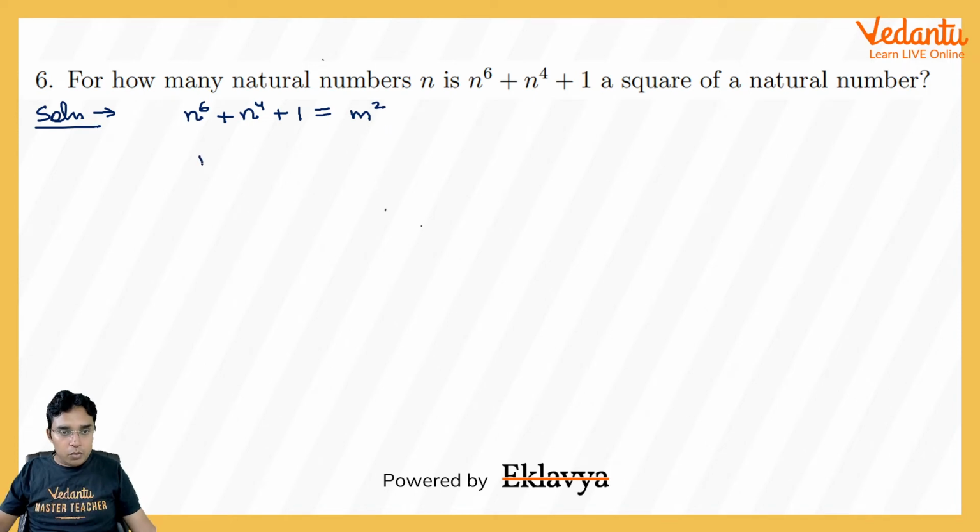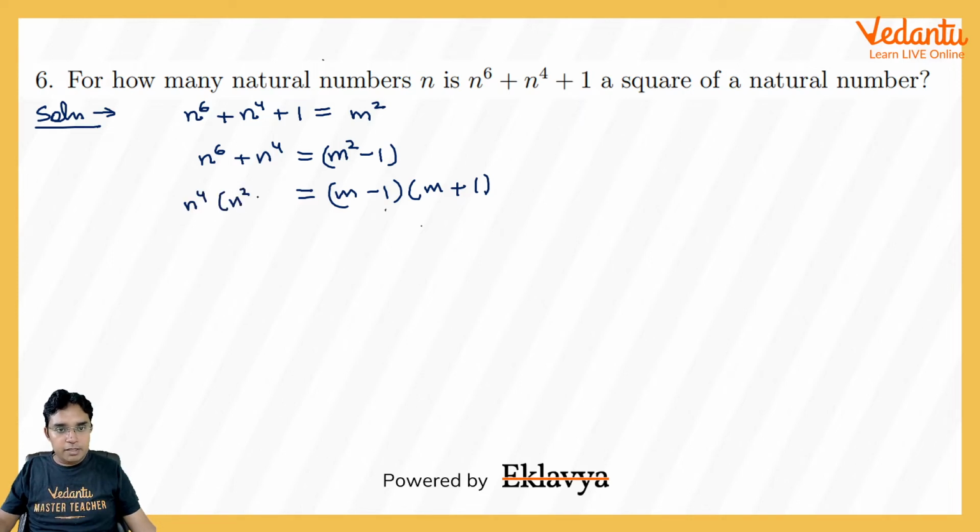Now you can write this as n power 6 plus n power 4 is equal to m square minus 1, which I can write as m minus 1 into m plus 1. Let me take n power 4 common, and this will be n square plus 1. Now a few things I will be concluding here. Number one, this left hand side has to be odd.